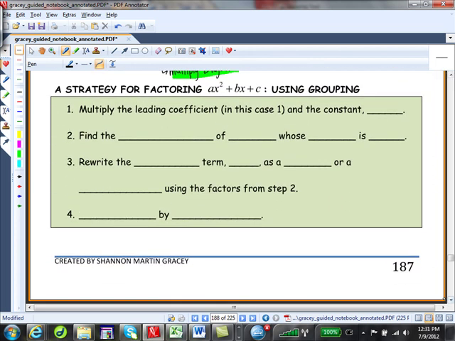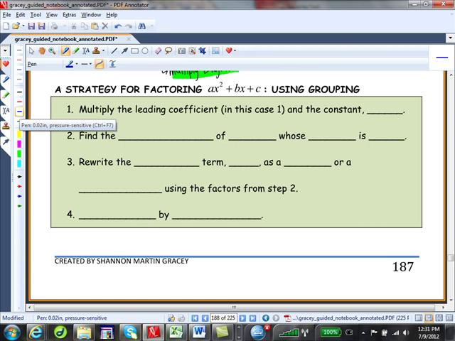Here's a strategy for factoring something in the form of ax squared plus bx plus c using grouping. Now, one thing that you need to understand is that in this section, the a is always going to be 1.